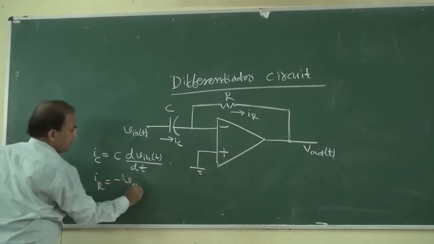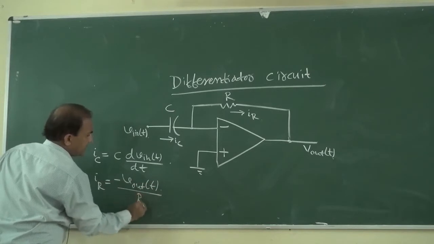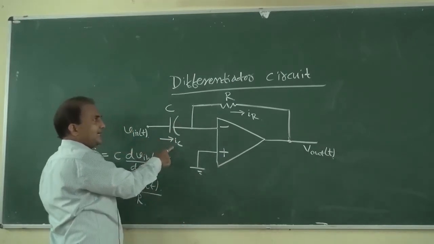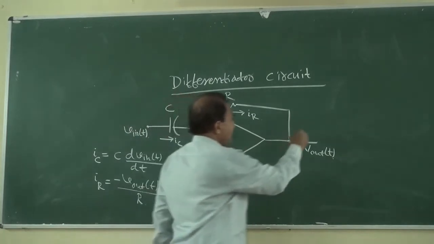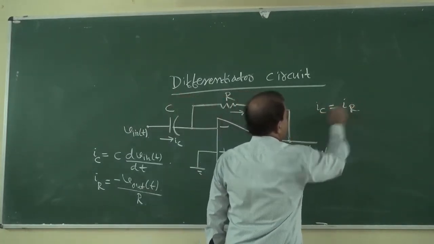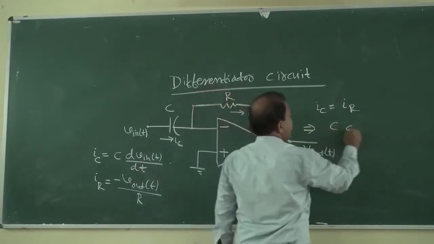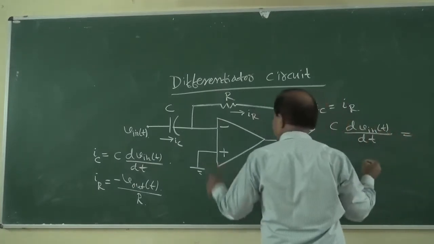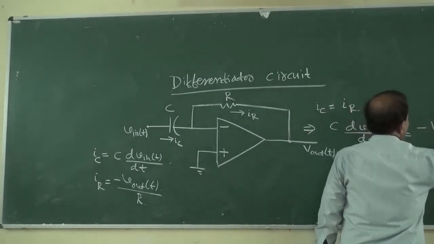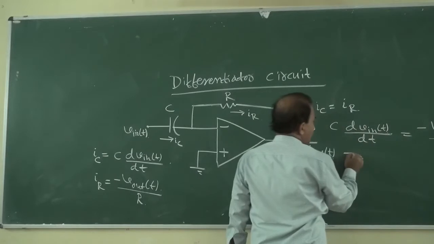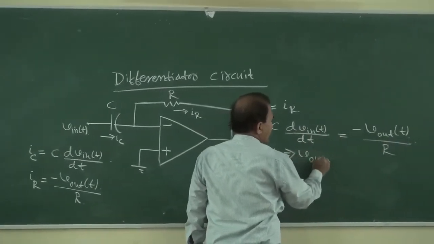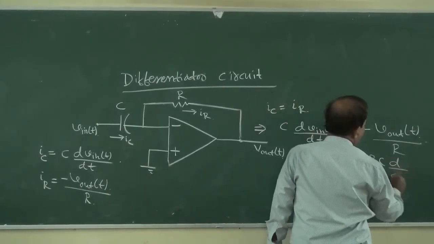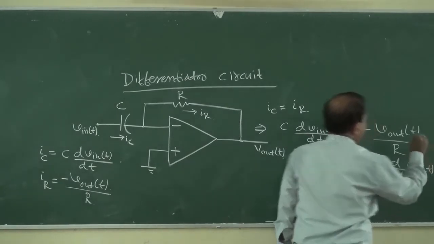It is equal to minus V out T divided by R. So IC is equal to IR, that is C dV in T by dt equals minus V out T by R. From this we can write V out T is equal to minus RC d by dt of V in T.